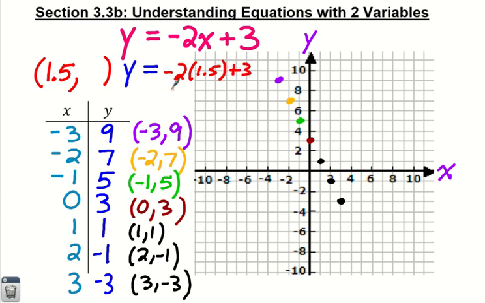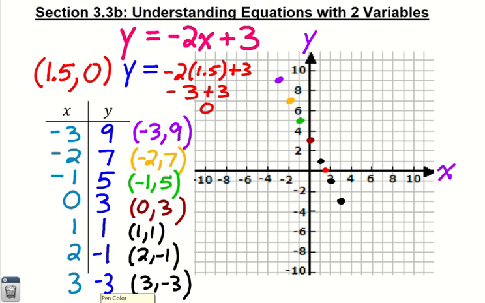So this would be negative 3 when you do negative 2 times 1.5, plus 3, and you're going to get 0. So another point would be 1.5, like right here, and then the y coordinate would be 0. So it would be like right there. And there's like a bajillion other points.